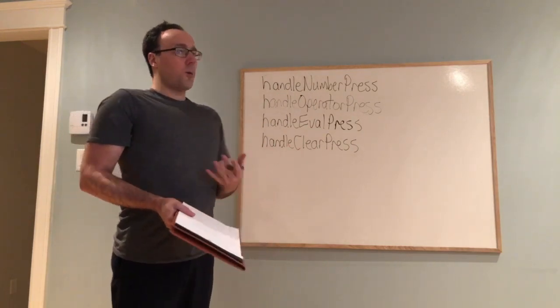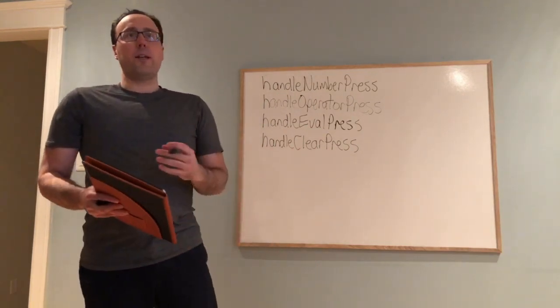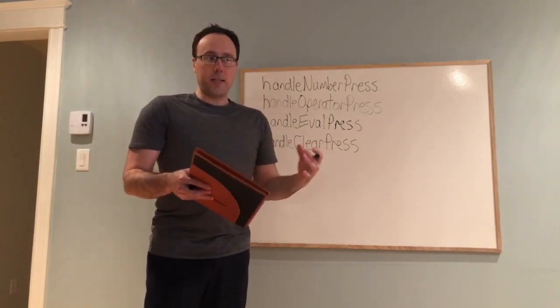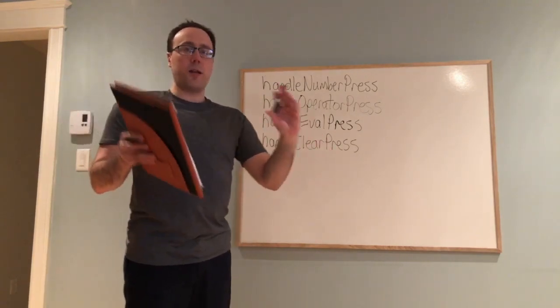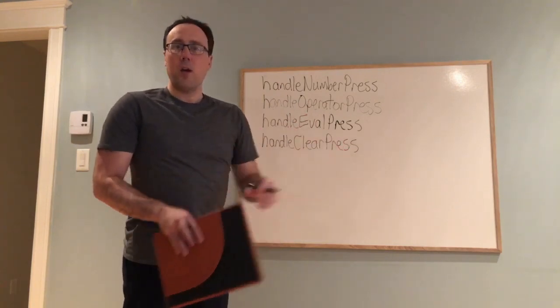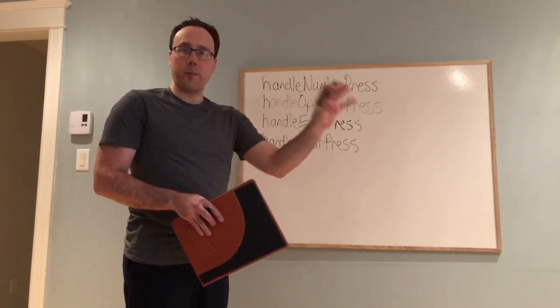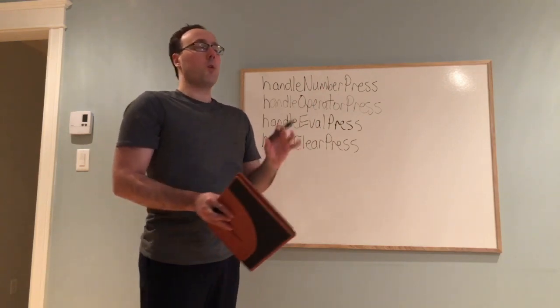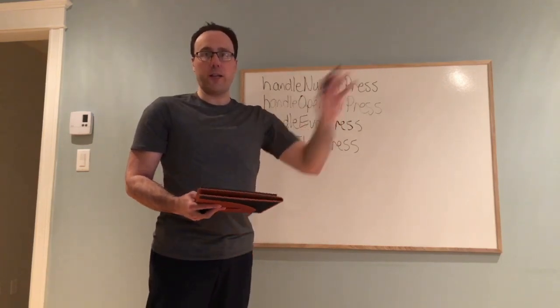So in addition to those, we're also going to need some functions related to the display. On the calculator, there's an area where, as the person's typing, we show what the formula they've entered so far is. And when they hit the equal sign, we show what the end result is.